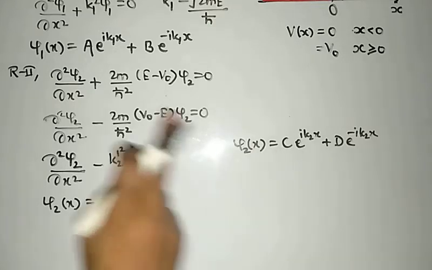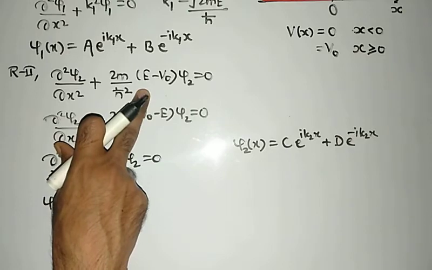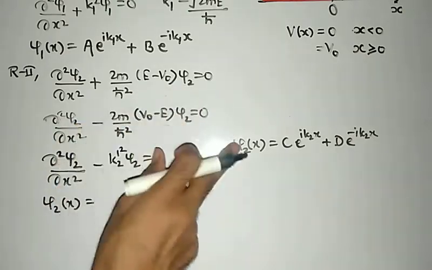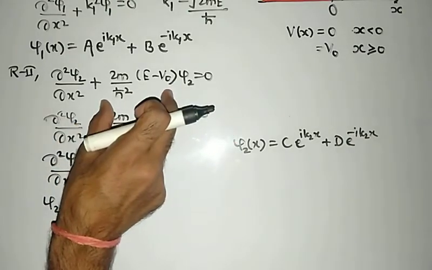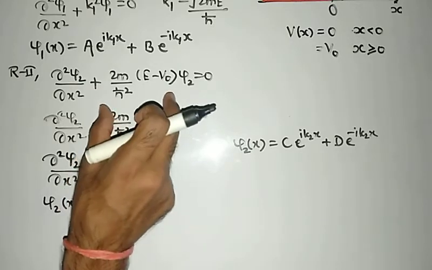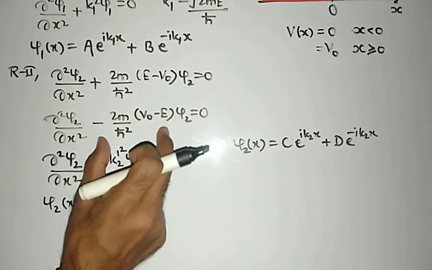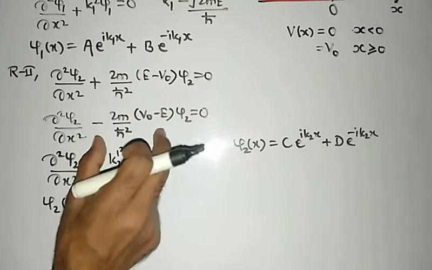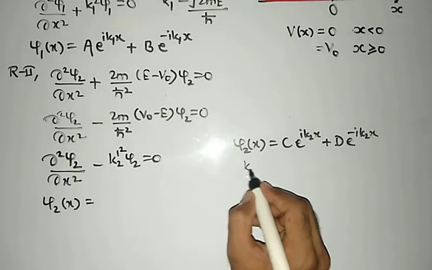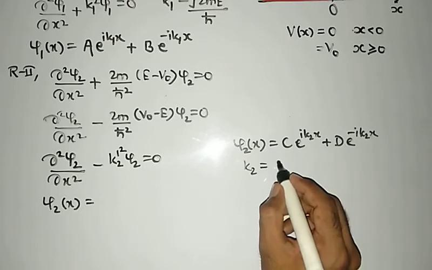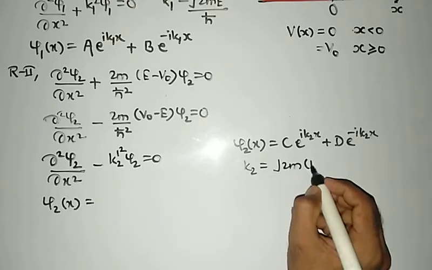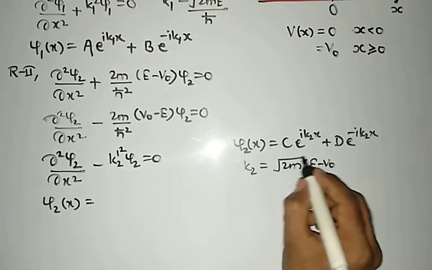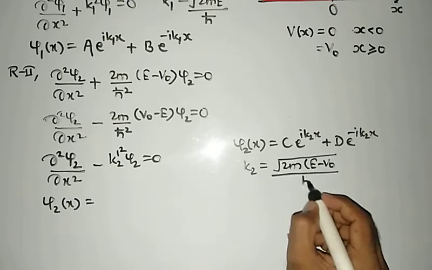That was for E greater than V naught, when we consider this part as k2 square. But here something is different. Look here, that k2 was under root 2m (E minus V naught) upon h cut.